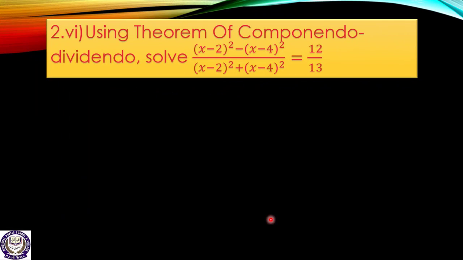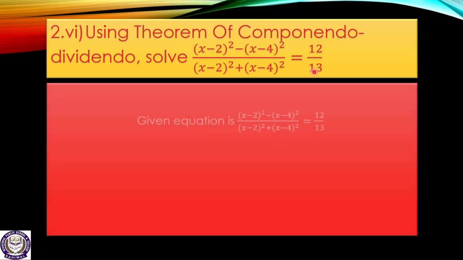Now we are going to solve question number 2, part 6. The statement says, using the theorem of componendo and dividendo, we have to solve this equation: ((x - 2)^2 - (x - 4)^2)/((x - 2)^2 + (x - 4)^2) is equal to 12/13.